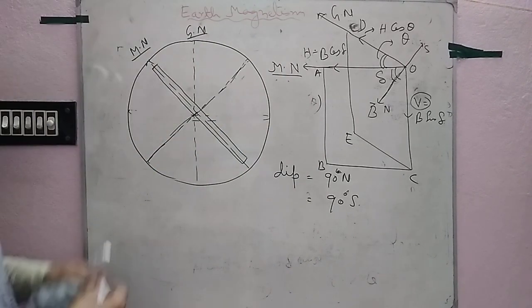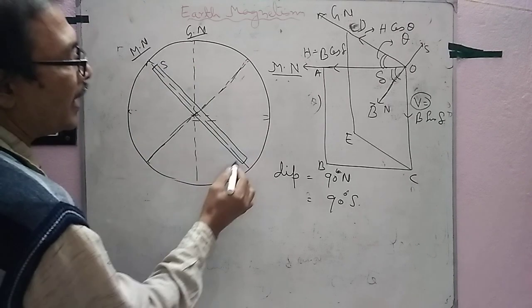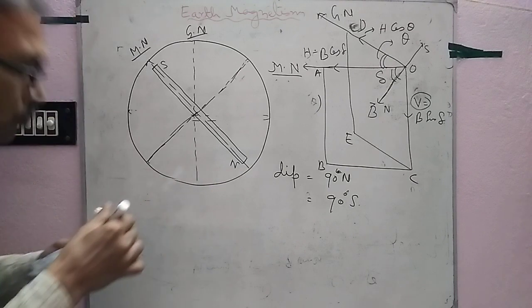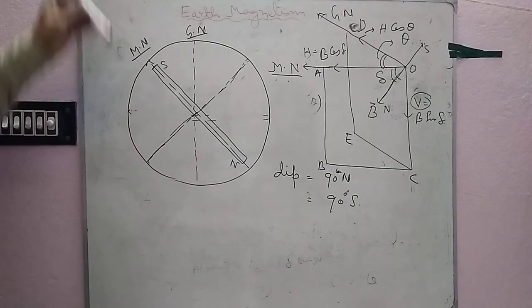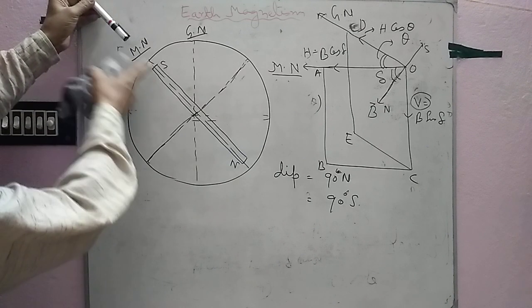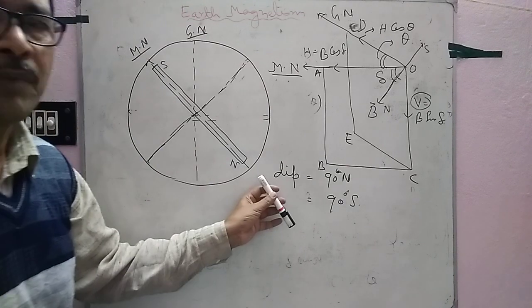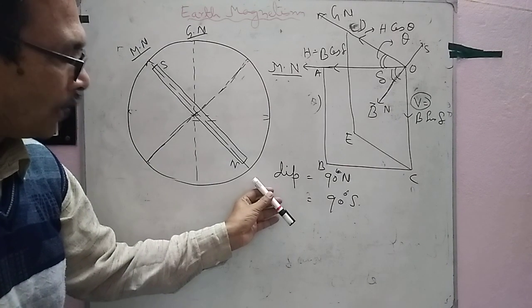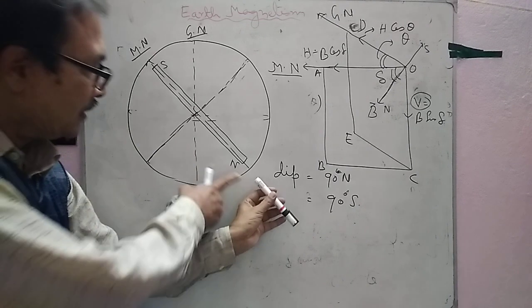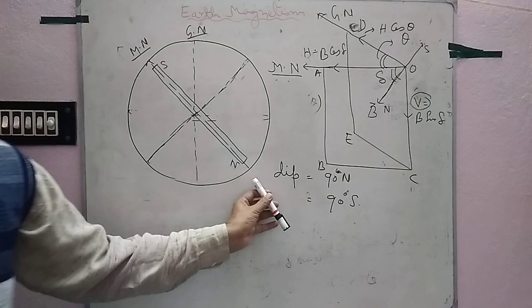Clear? Because follow, here is south pole and here is north pole according to Gilbert. So if here we place a magnet, the north pole of the magnet is attracted by the south pole, so north pole downward, and here if we place at the southern hemisphere at the south pole, then the south pole of the bar magnet is attracted by the north pole. Clear?